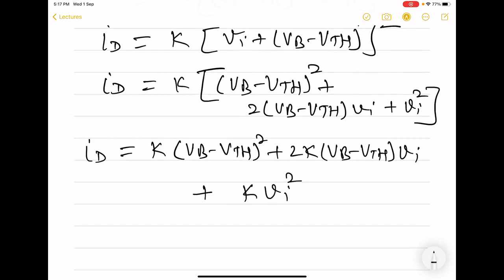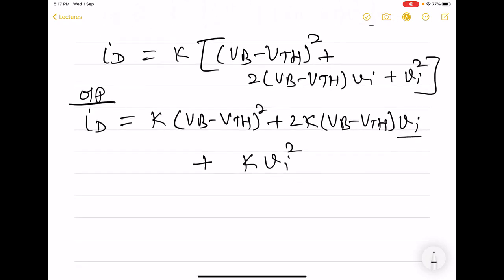So here we have expanded the output quantity, which is the drain current, and input quantity is this VI, and we can now compare this with the equation 1 to find out the constant.